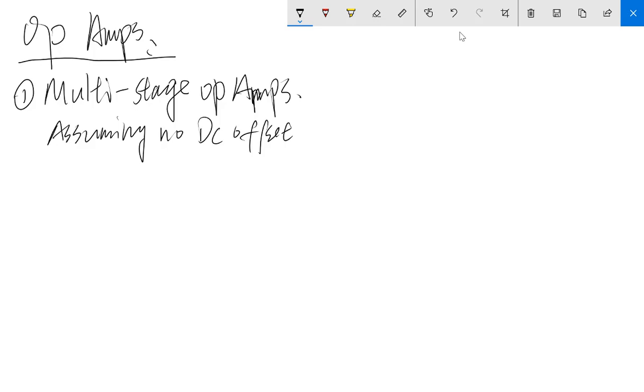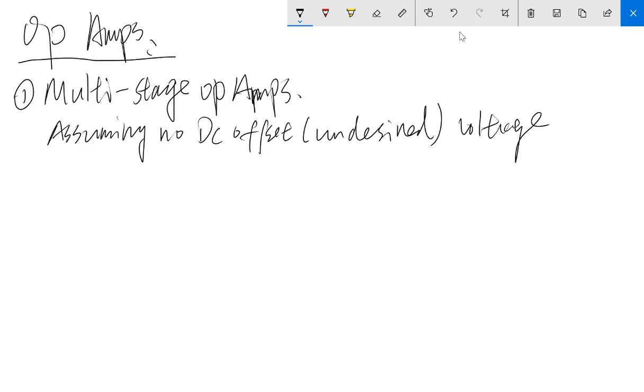But you just want the exact DC offset to be applied to your output voltage to lift the signal to a specific DC offset. But sometimes there is some undesired DC offset, which is noise, and we are assuming no undesired DC offset voltage. So there's no noise drift at the output.